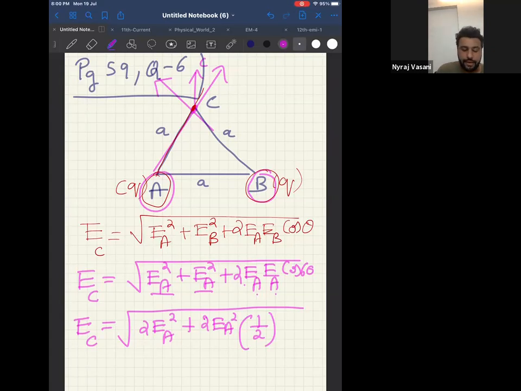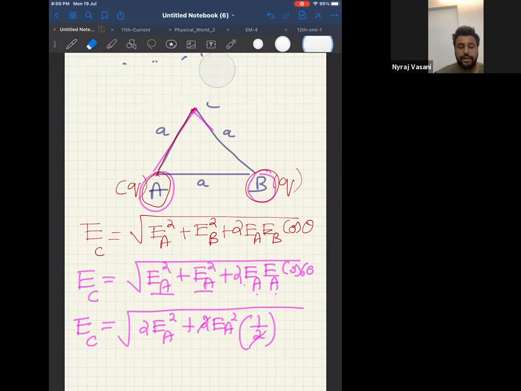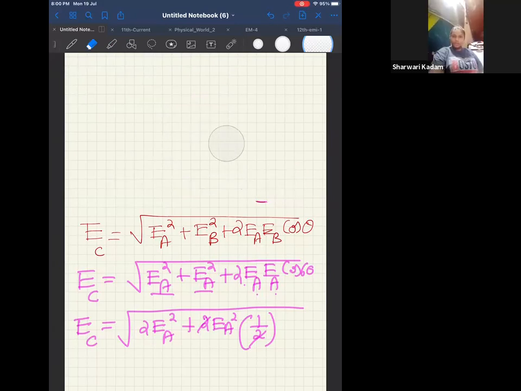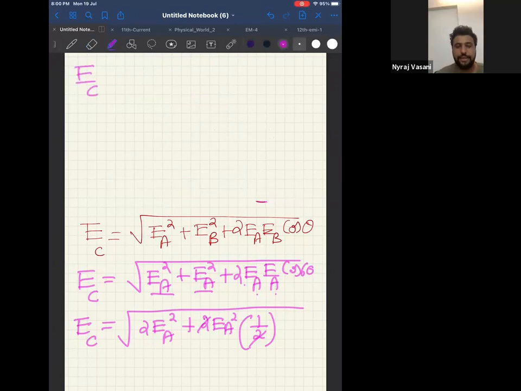Therefore, can I say 2 and 2 will cancel? Tell me what you are left with finally. You are left with EC, that is electric field at point C, equal to square root of 2 EA square plus EA square.